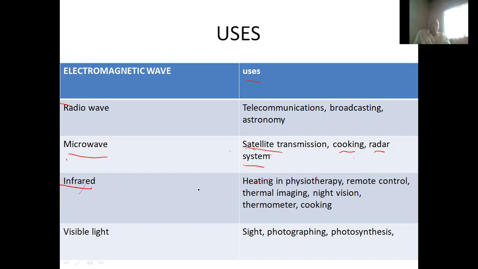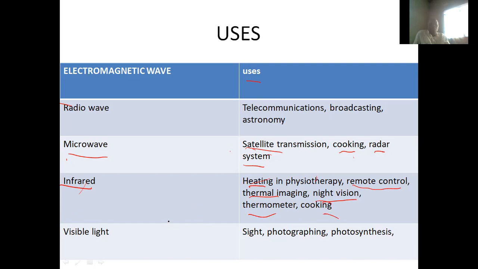While infrared is used in heating, especially in physiotherapy, medications, also in remote controls. You see the remote has infrared. Thermal imaging, night vision, thermometers, as well as cooking.